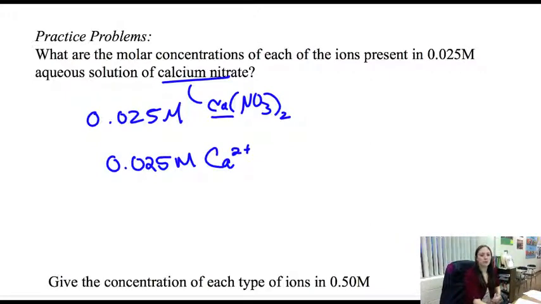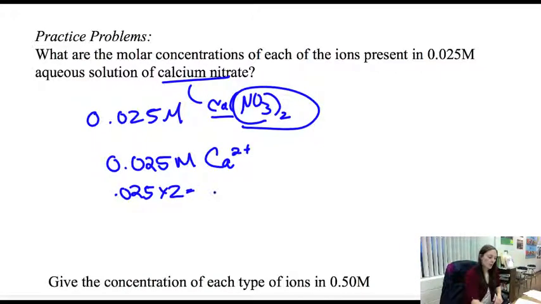Because again, remember that's going to be swimming around in the solution since it's going to break apart, since it is a strong electrolyte. Well, for each Ca that breaks apart, I have 2 nitrates that break off. So I'm going to have 0.025 times 2, which is going to be 0.05 molar for the NO3 minus ion.